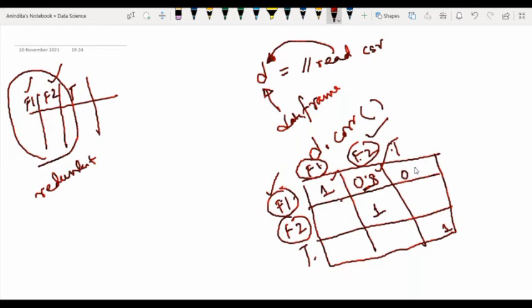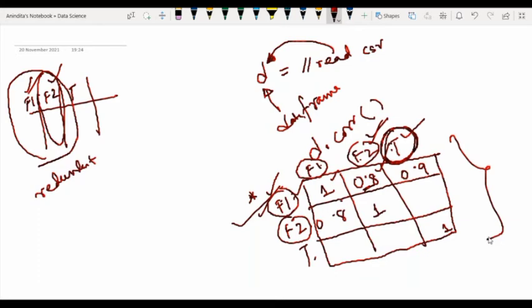However, if I get a high correlation value between F1 and the target, meaning the class level, it means this feature is very important for finding this specific class level. So this is one of the significant features that I have to keep. Here I will drop F2. Similarly, we have F2 versus F1, and again we will get some value over here. So this is how your correlation matrix will look.